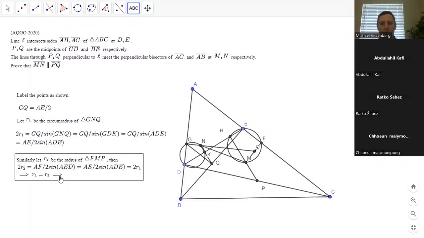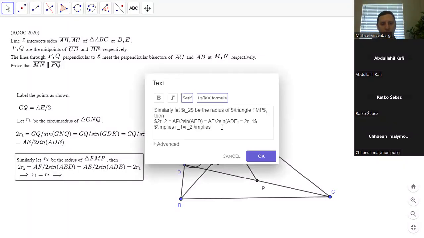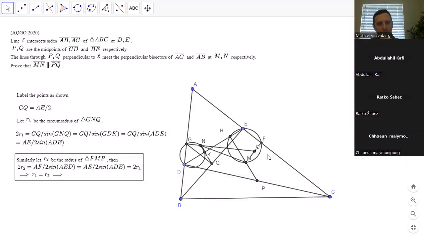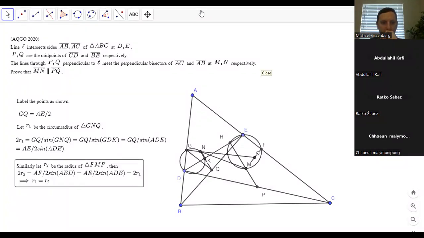Okay, so that angle NGQ equals angle MFP, right? Yes. Okay, so the angle between that and that, and then AD over 2, not AF over 2.